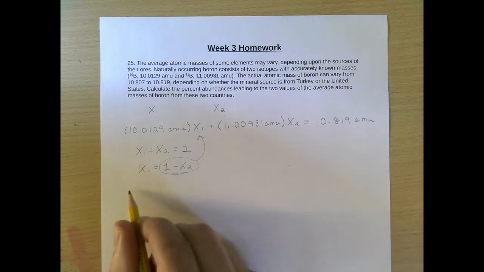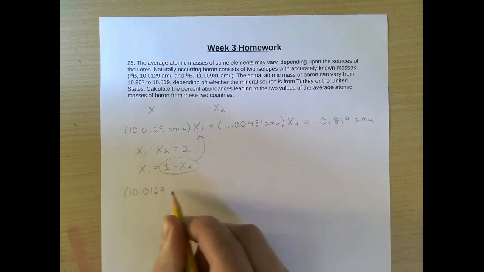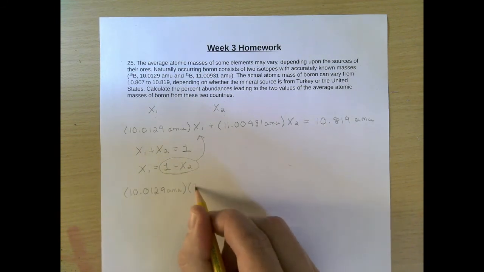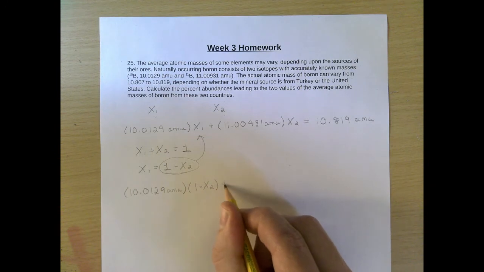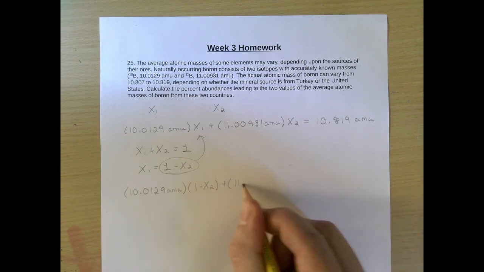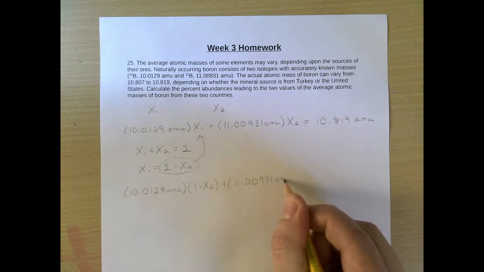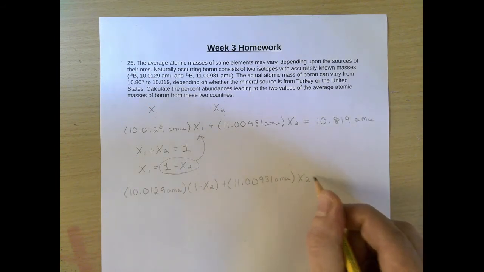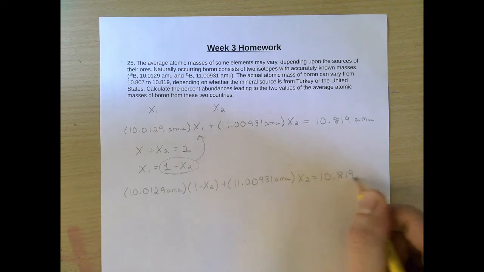And what I'm going to get is 10.0129 AMU times 1 minus x2 plus 11.00931 AMU times x2 equals 10.819 AMU.